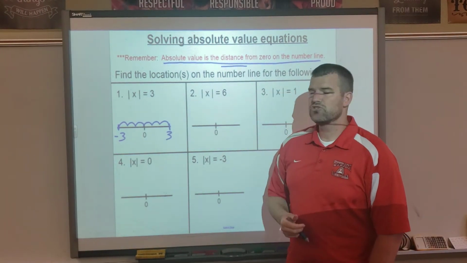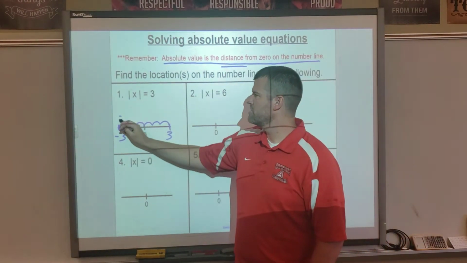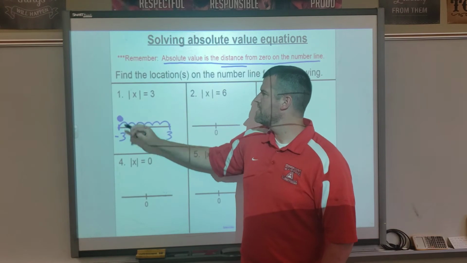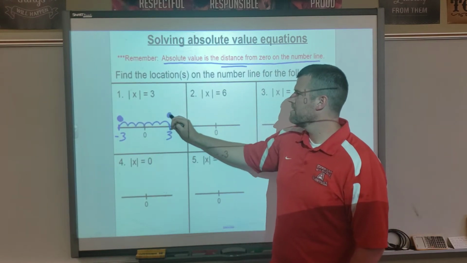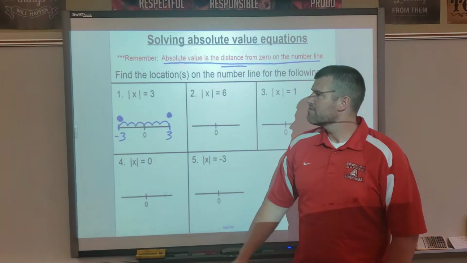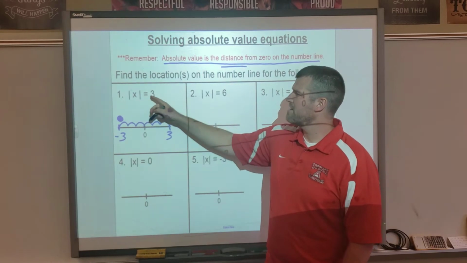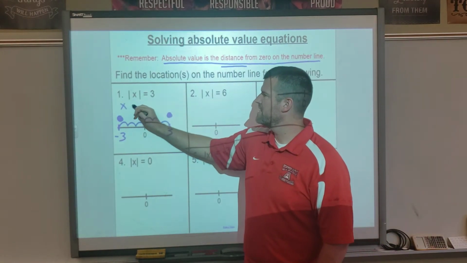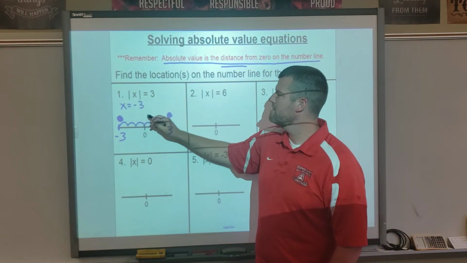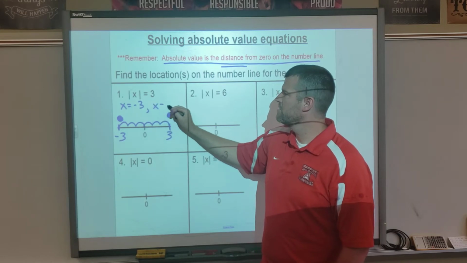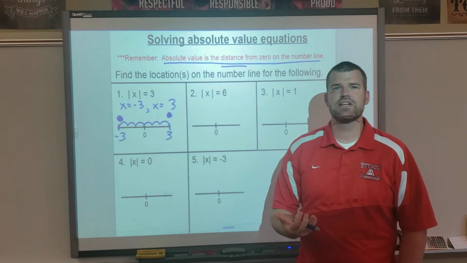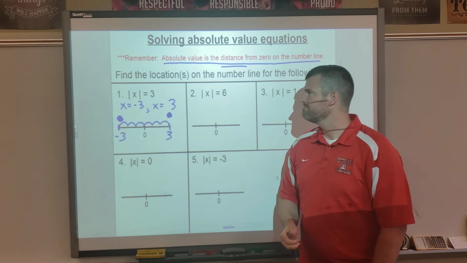So we actually get two different solutions. We get a solution at negative 3, and we get a solution at positive 3. So if we're finding the absolute value of x equals 3, x can either equal negative 3, or x can equal positive 3. We're going to get up to 2 solutions.